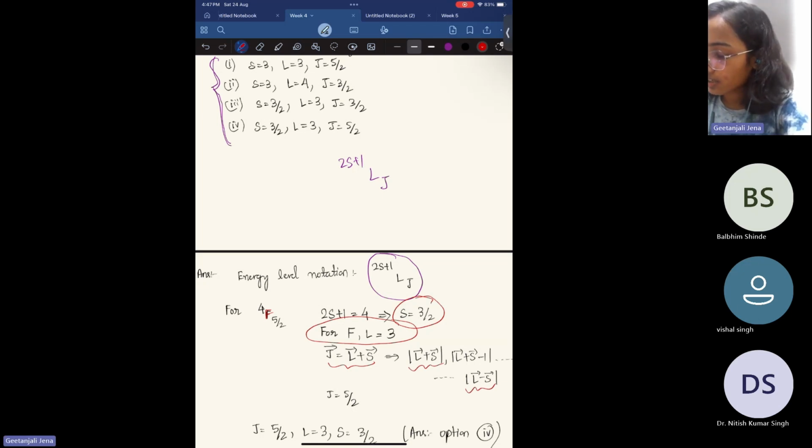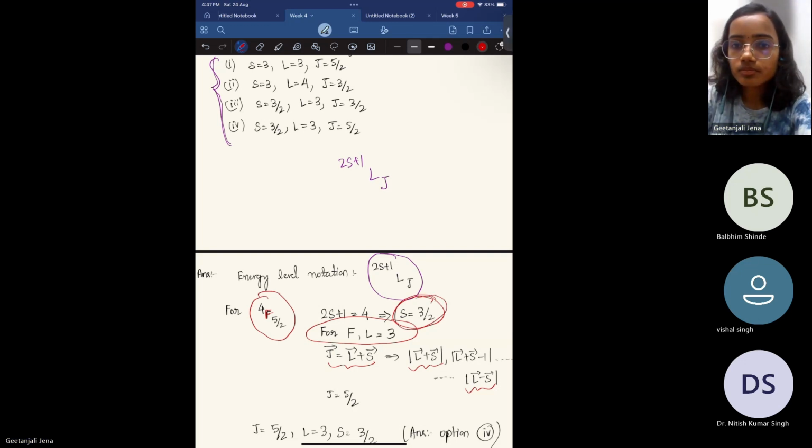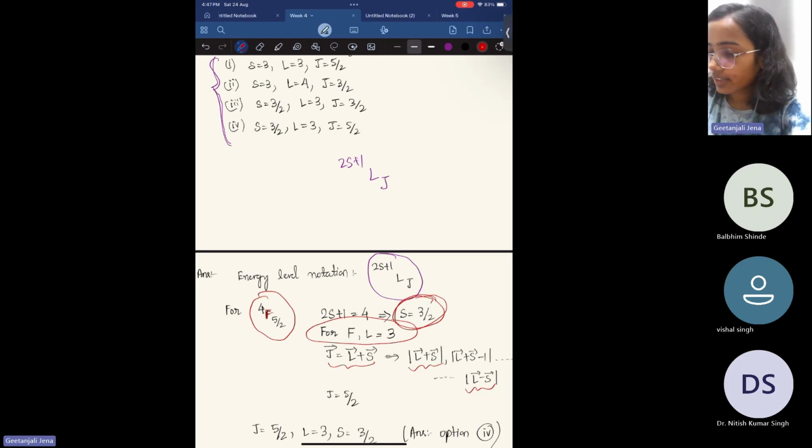So if you see the notation, S is 3/2. And what is the value of L? For F, it is 3, and the J value is directly written, it is 5/2.